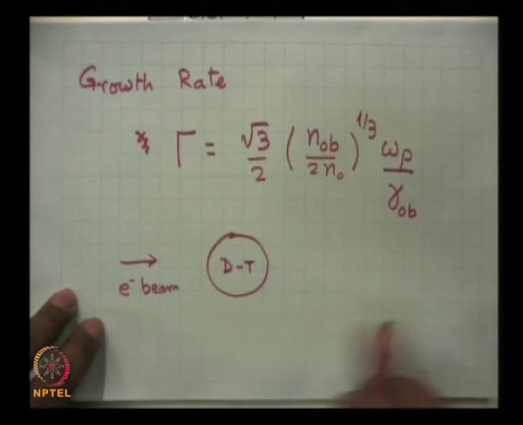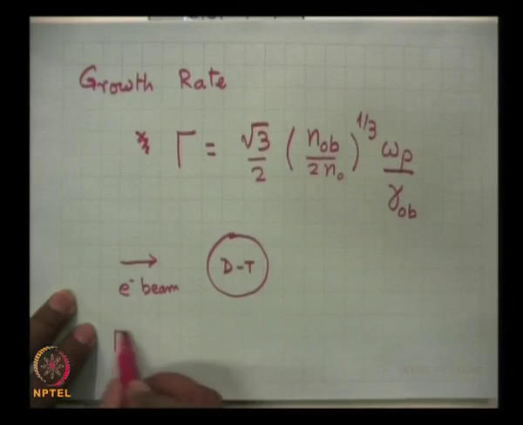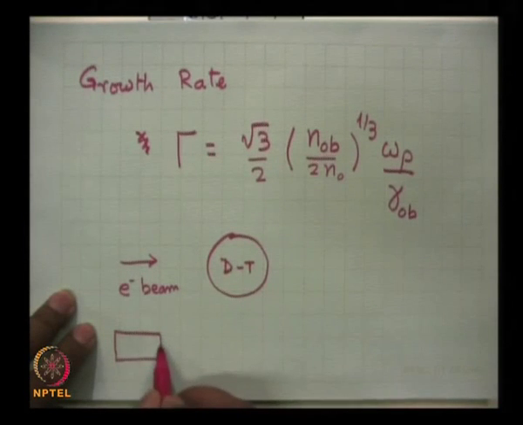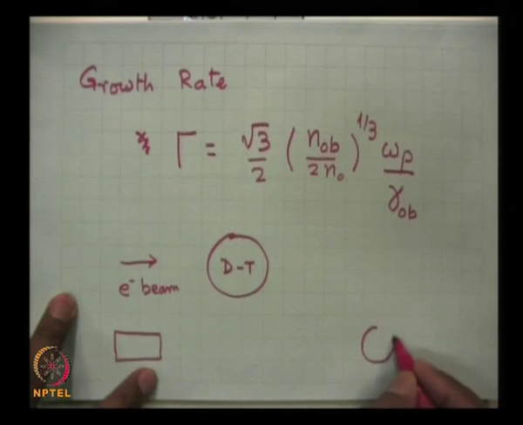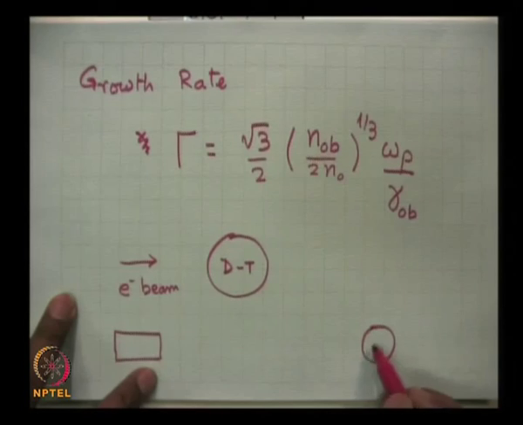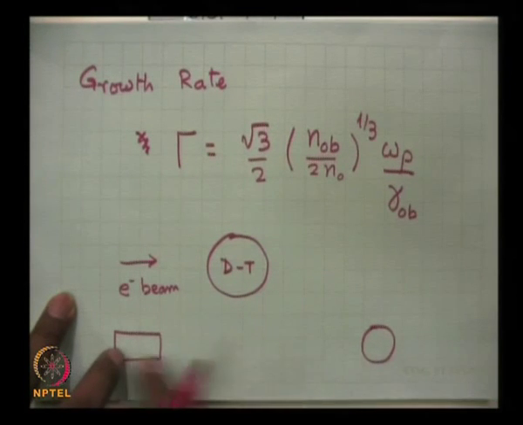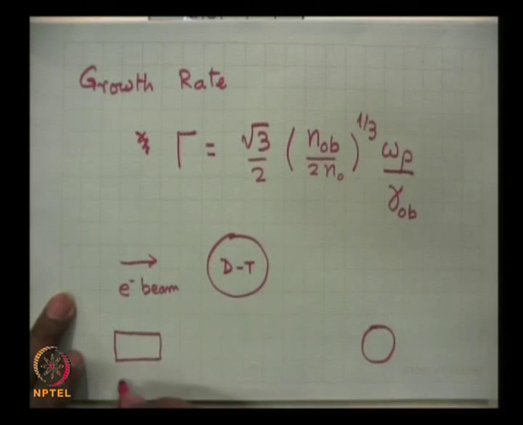Now the issue is that you have a gun, the diode that produces the electron beam, and this is the point where you have to deliver this beam. Suppose this is the structure where the radiation is to be generated. These two may not be at the same place. There may be a finite distance between the two. So this is the electron gun.